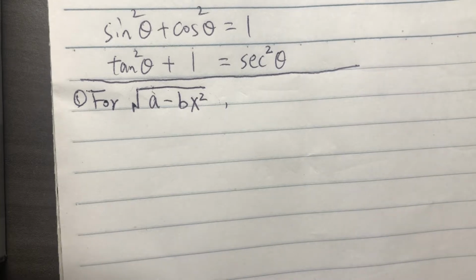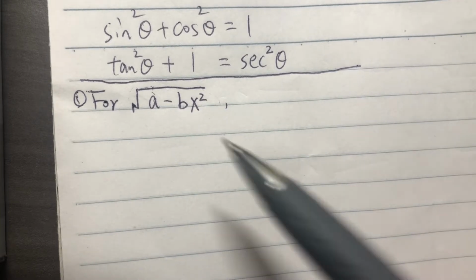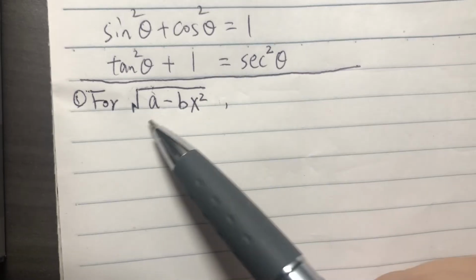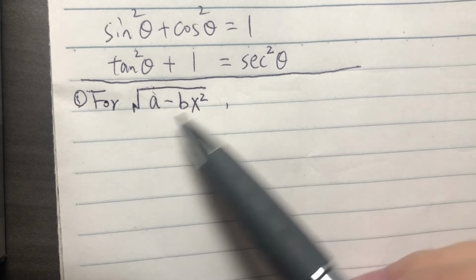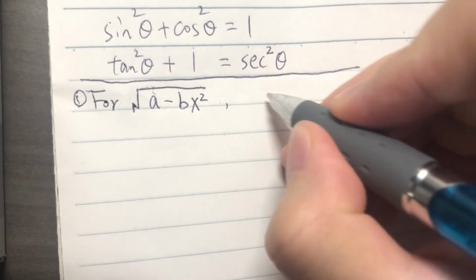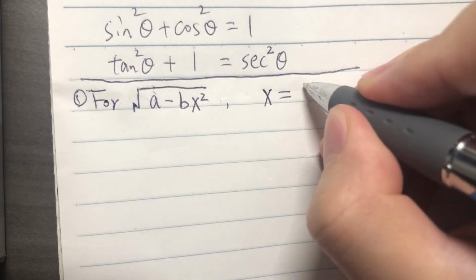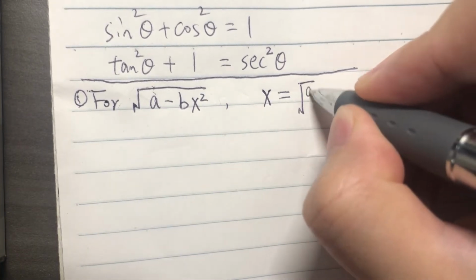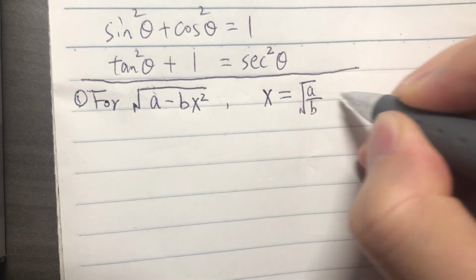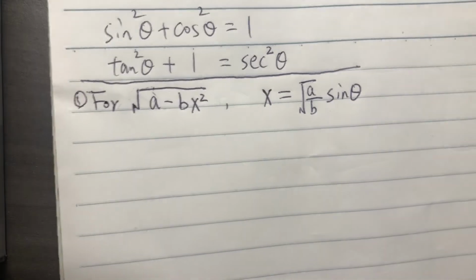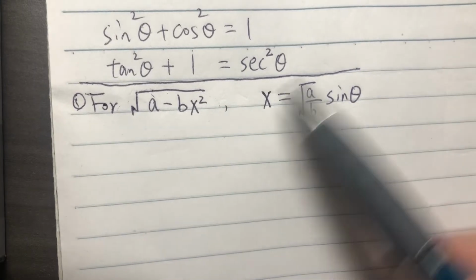The idea of trig substitution is we want to get rid of the square root by using some trig functions. So how to get rid of this square root? Basically we are going to use the substitution x equals square root of a over b sine theta. Why do we use that?